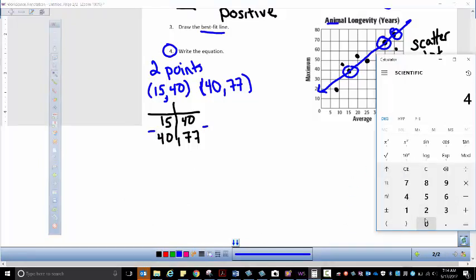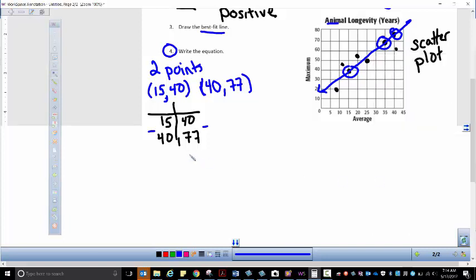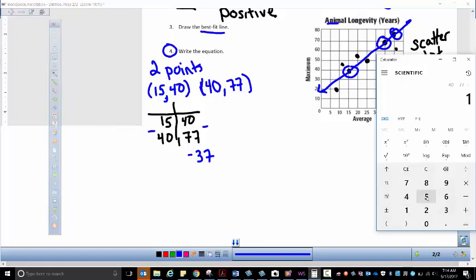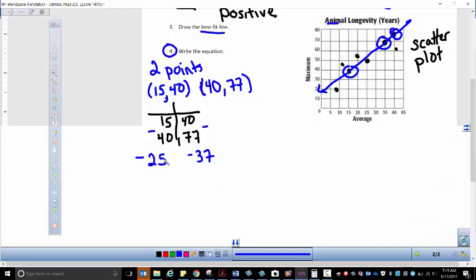We got 40 minus 77 is negative 37. And on the other side, I have 15 minus 40. 15 minus 40 is negative 25. And so my slope, or m, would be negative 37 divided by negative 25.